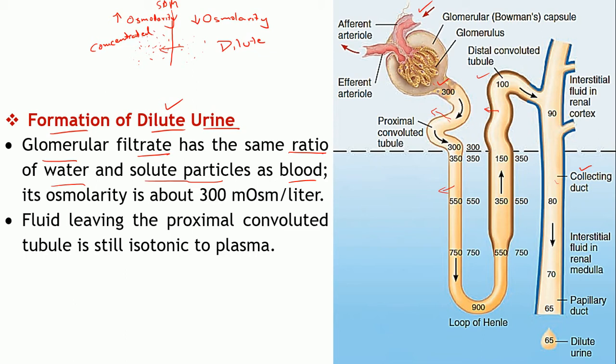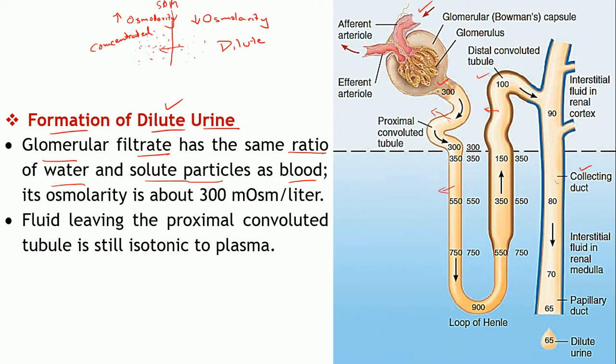If there is a difference in osmolarity, it promotes the movement of the solvent. That is, water can move from the area of dilute solution towards the area of concentrated solution.